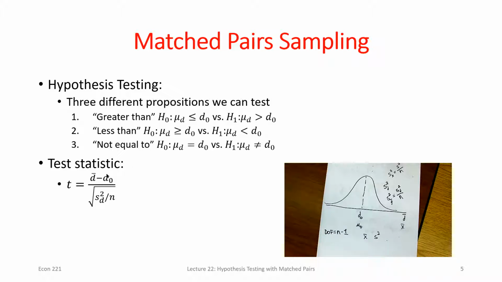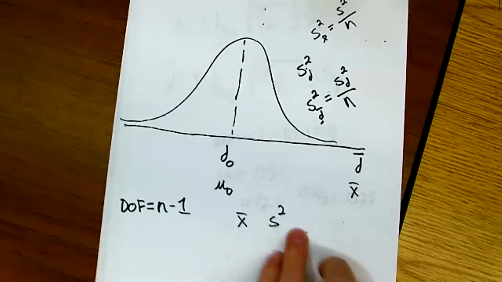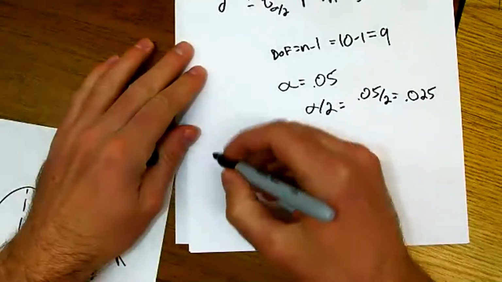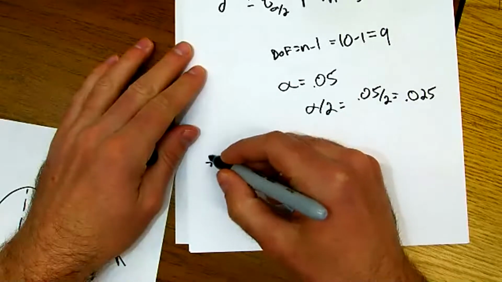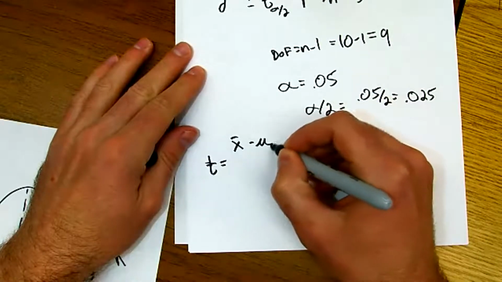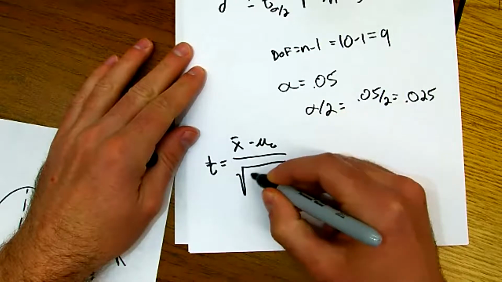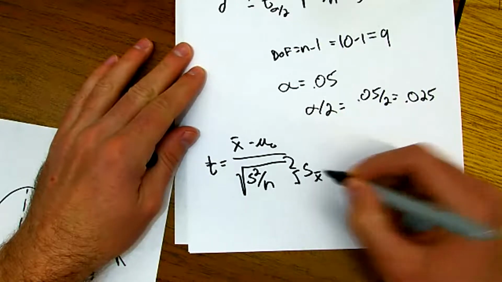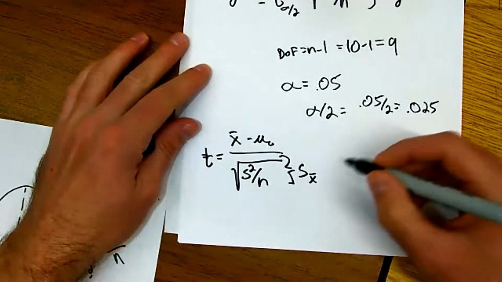So our test statistic, if we want to match this up with what we were doing before, so we had everything going on with our confidence intervals. But before, our test statistic was take the sample mean, subtract the assumed true mean, divide by the variance over the sample size, where this denominator represented the standard deviation of my sample means.